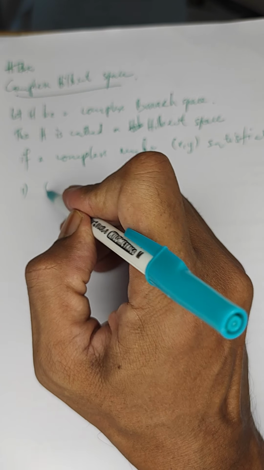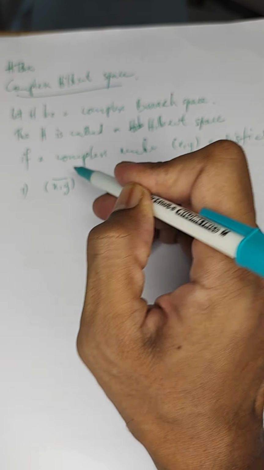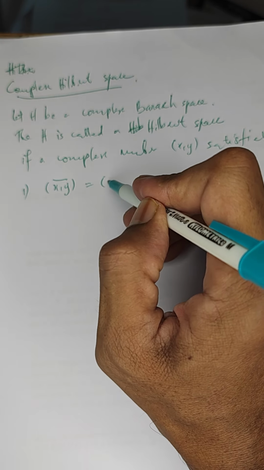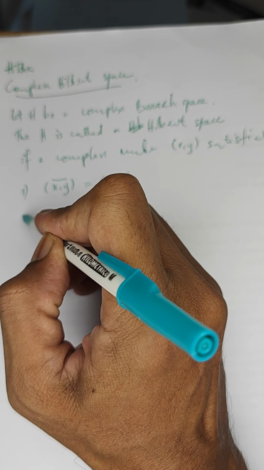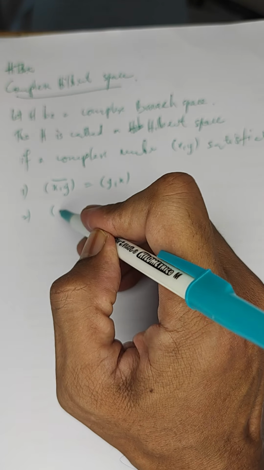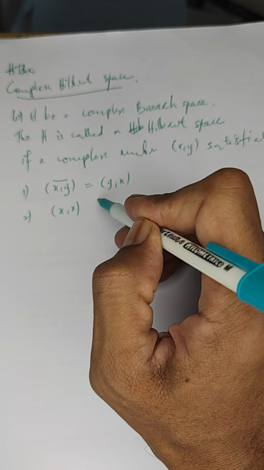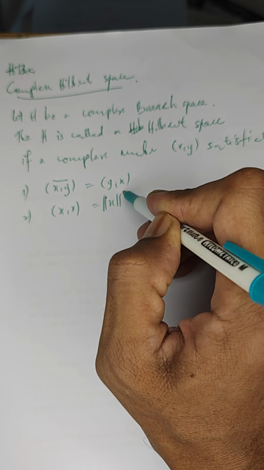First, we have the conjugate of (x, y) equal to (y, x). Second, we have (x, x) equal to the norm of x squared.